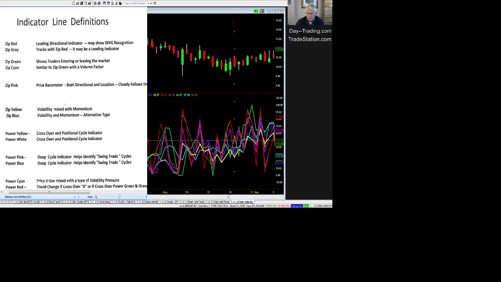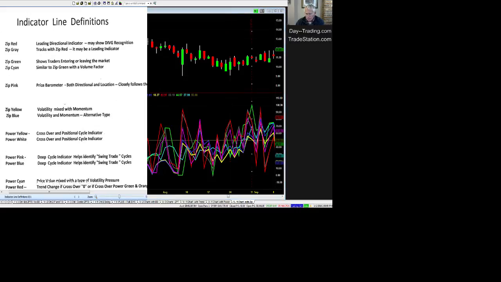If I move this vertical line back to here, on this candle we have a zip red that is a low angle up, which indicates that the next day it's going to be down. Obviously the next day it gapped up, but likewise it also went down, just like the indicator has stipulated.